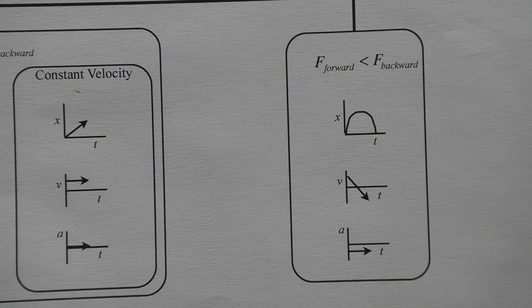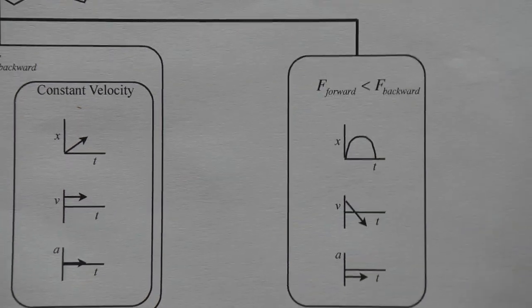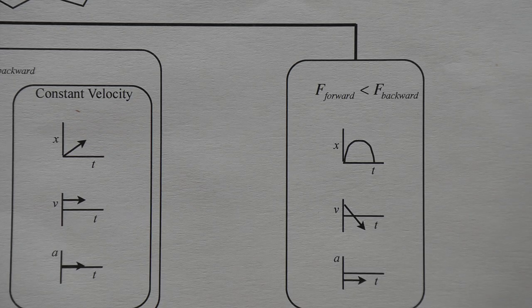And then the other possibility is that maybe the forward force is smaller than the backward force. We got more backward force. Hey, that's possible. People say, oh, then you're going backwards. No, not necessarily.